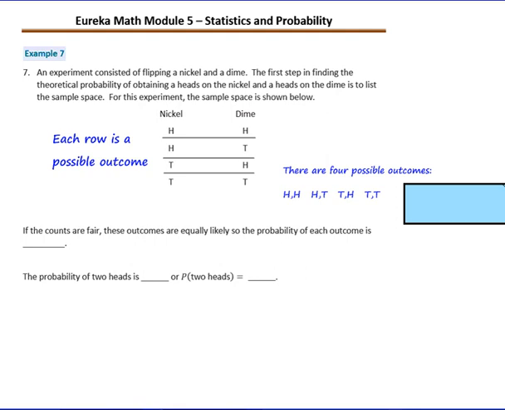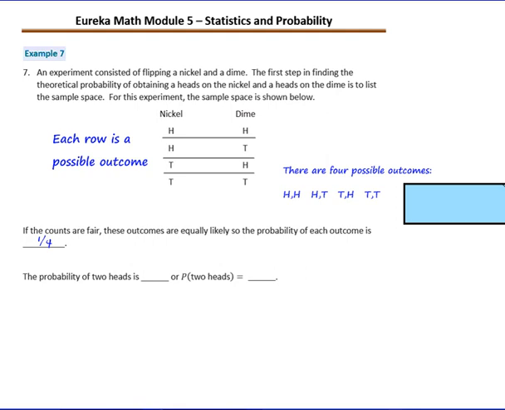If the coins are fair, these outcomes are equally likely. So the probability of each outcome is, well, there are 4 different outcomes and they are equally likely. So the probability of each outcome is 1/4.